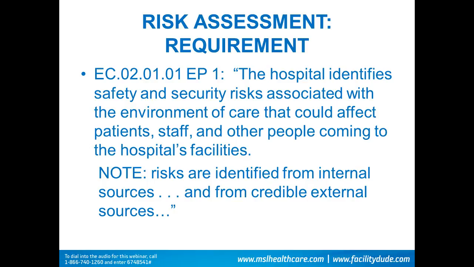This is an abbreviated version of that note on your slide that says risks are identified from internal sources and from credible external sources. So it puts a framework and sets some pretty wide boundaries on where you get the information for risk assessment.